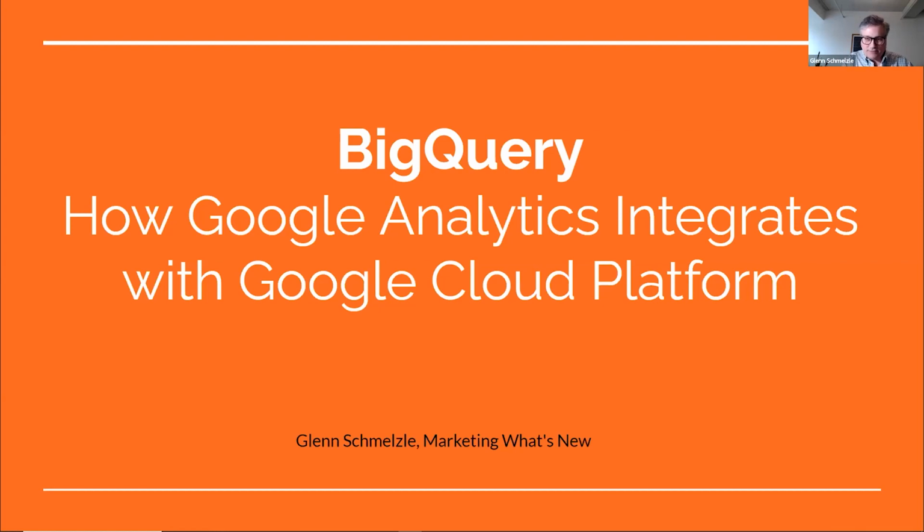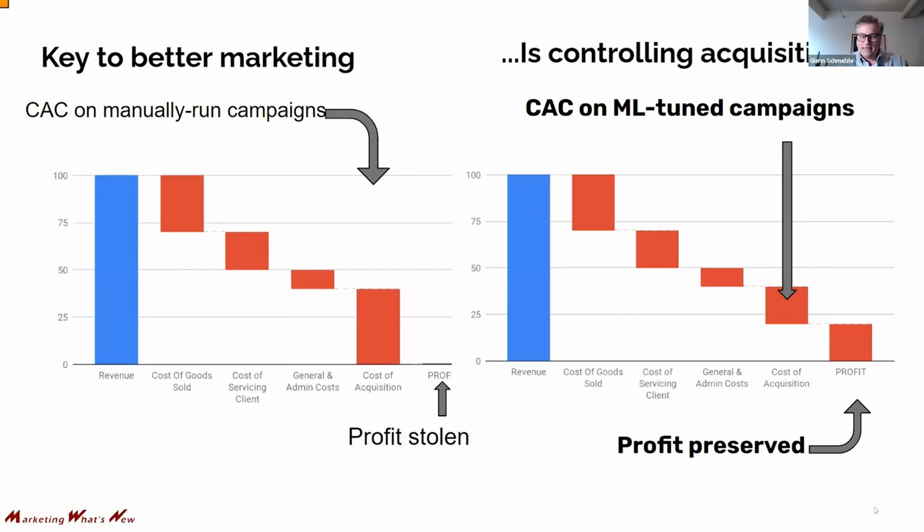So the thing that we want to remember before we talk about the technology is why marketers are trying to improve how they run their programs. Simply put, it's because we know that it's costly to find new customers.